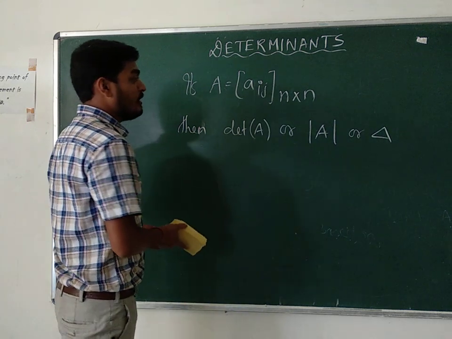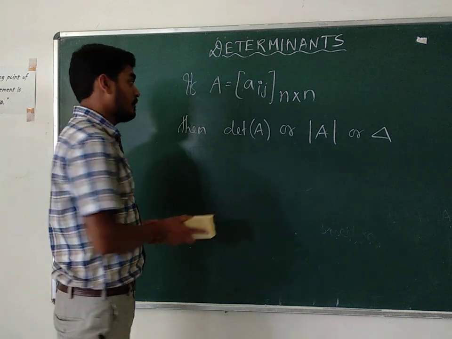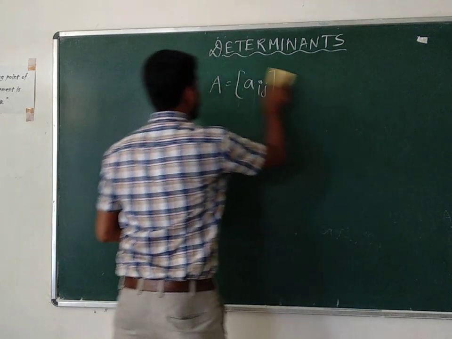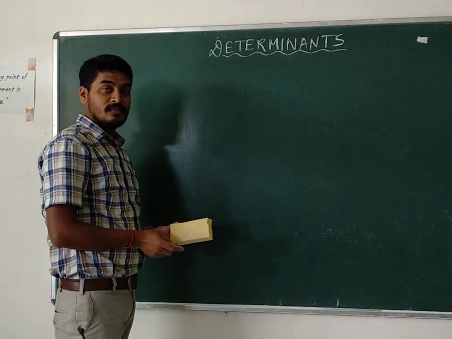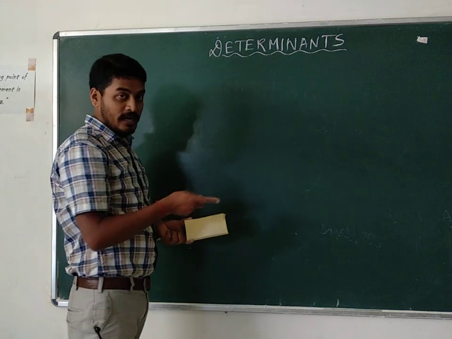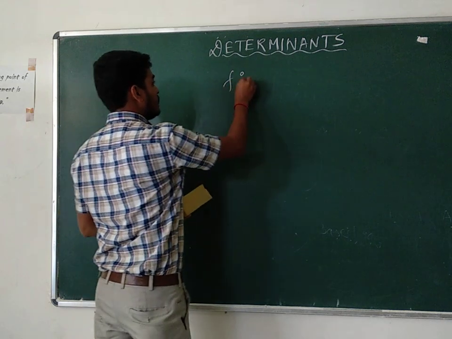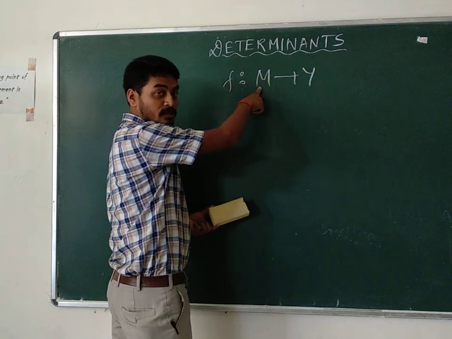How can we find out the value of a square matrix? Step by step. A determinant can also be considered as a function which is defined from a set M, which contains all the square matrices, to the set Y. M is the set of all square matrices.